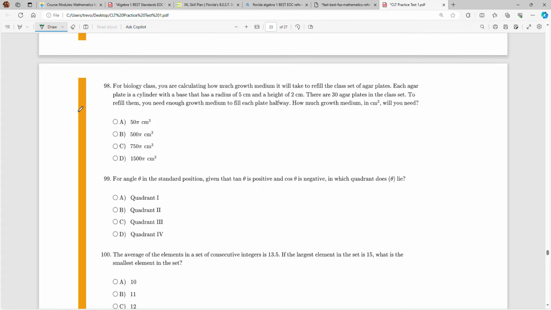Each agar plate is a cylinder with a base that has a radius of 5 centimeters. Radius is 5, and a height is 2 centimeters.